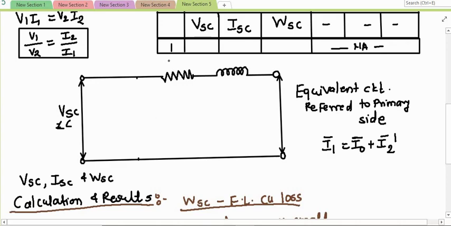Now, what is this? This is your RT1, the total resistance of the transformer referred to the primary side. And this is your XT1, the total reactance of the transformer referred to the primary side. And this is your short circuiting link, because we are performing the short circuit test.